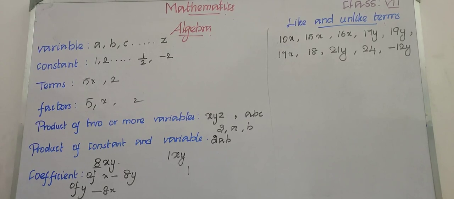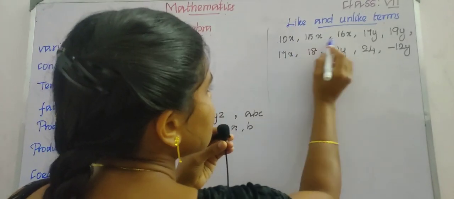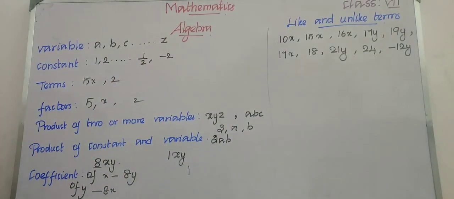Okay, children, now let us separate this. See here x, y, and also constants, right? So now let us write the x terms separately, y terms separately, and constants separately.